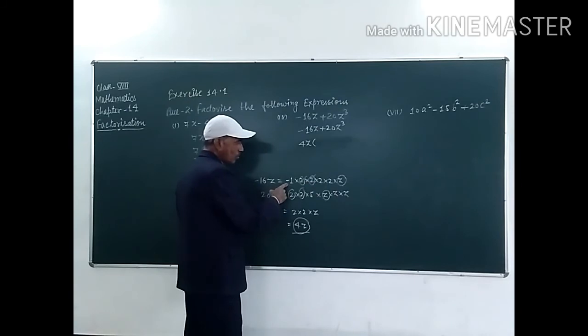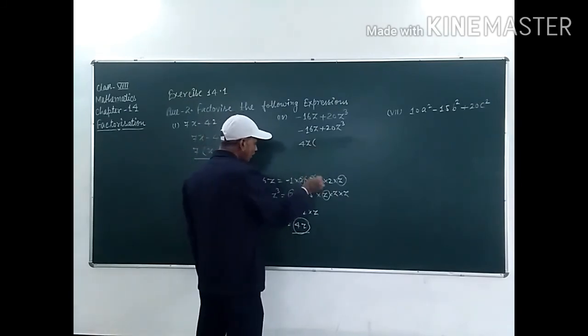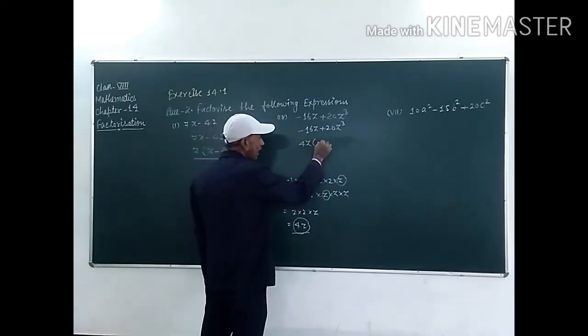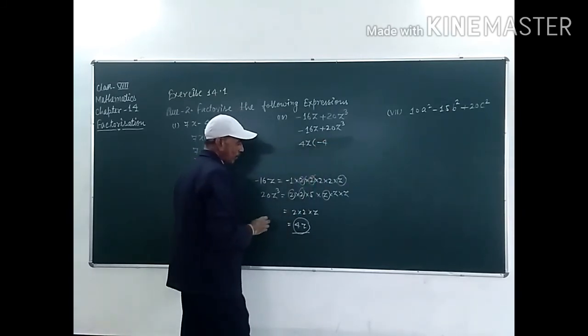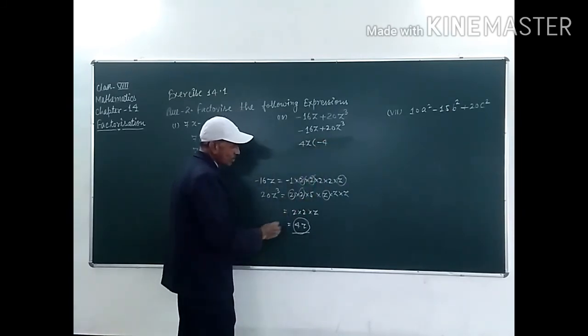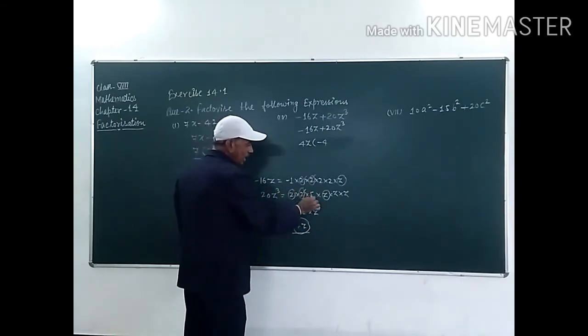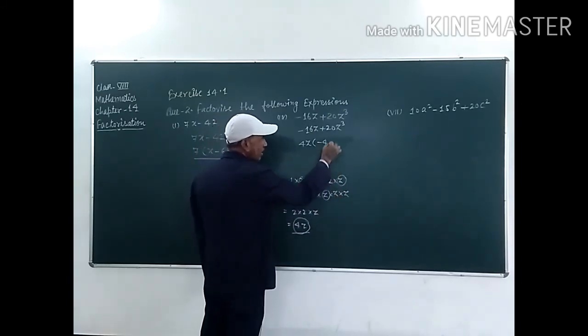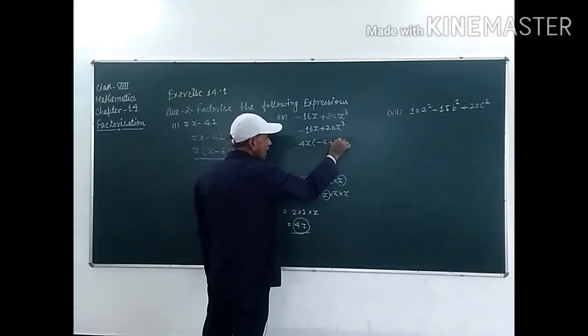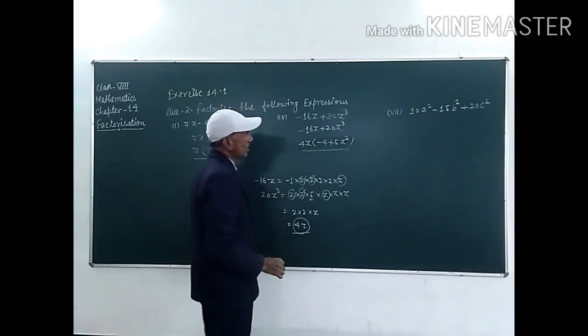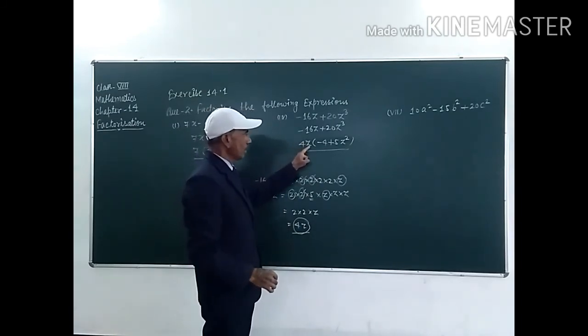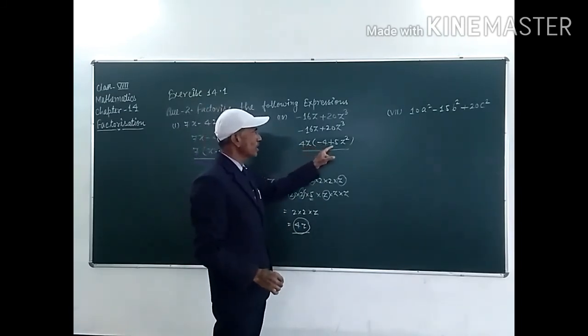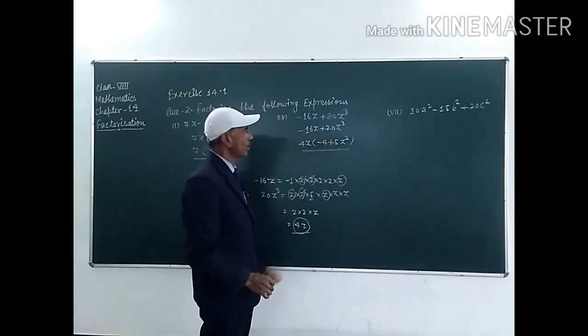So, in the first expression there will be minus 4 remaining, and in the second expression we have taken this 2 and 2 common, so the remaining part will be 5 into z into z, that is plus 5z square. So, this one is the answer, student: 4z into minus 4 plus 5z square.